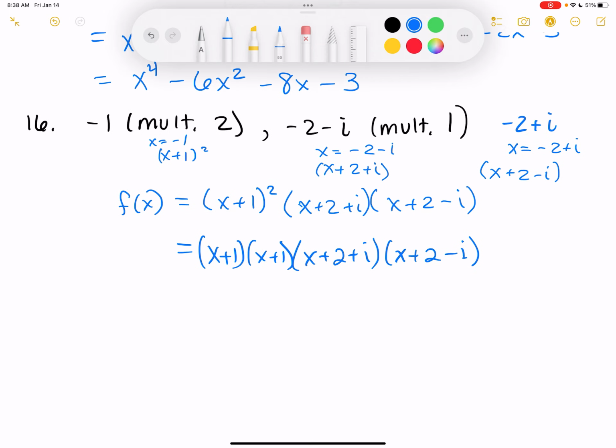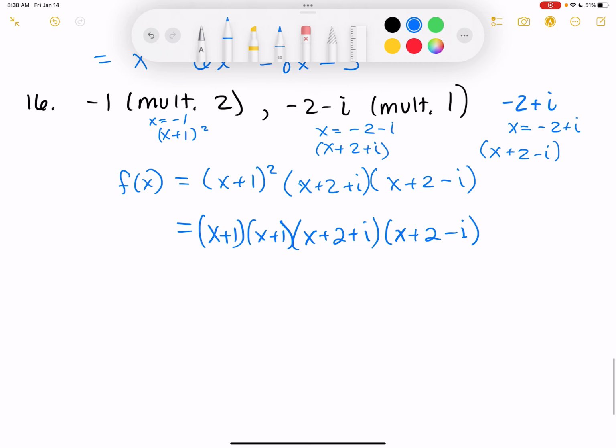Do y'all actually want to go through multiplying it, or are you good with me just leaving it like that? Do you have any tricks for this one?